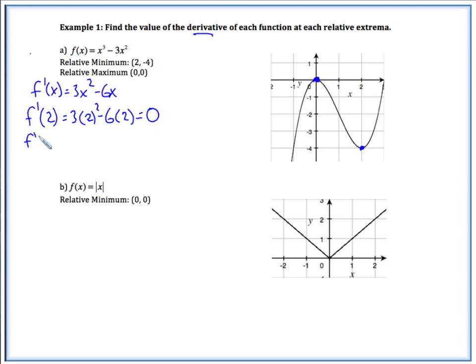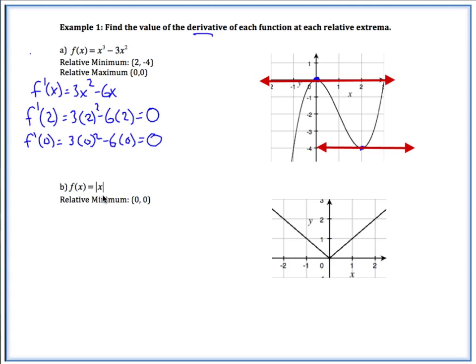And then f prime of 0, we get 3 times 0 squared minus 6 times 0, which is, well, 0 again. So that tells us something here about the tangent line. Okay, and if we were to draw our tangent line at this point, it would have a slope of 0. And if we drew our tangent line here, it would also have a slope of 0.